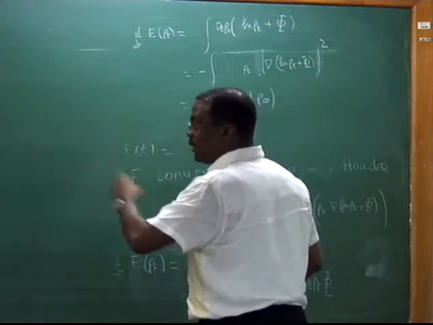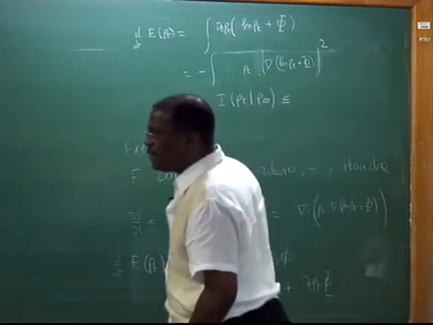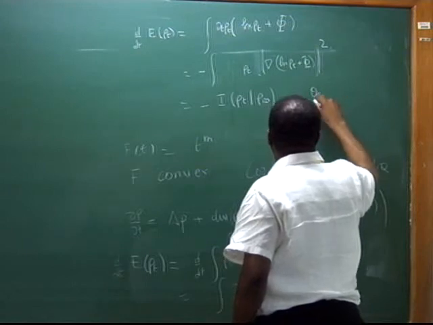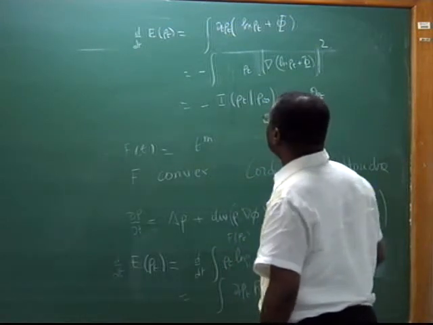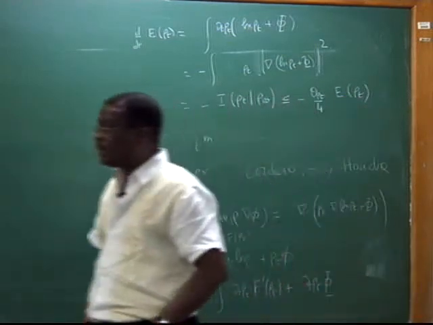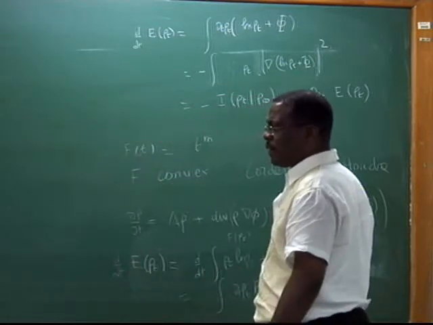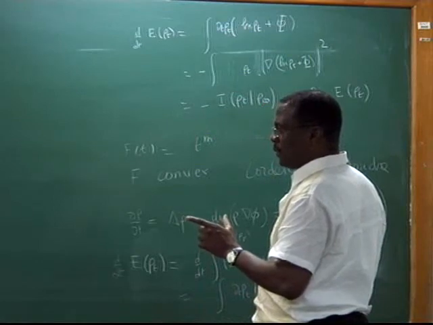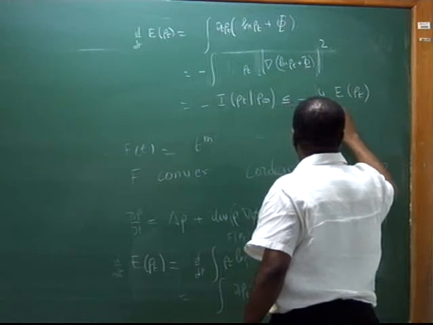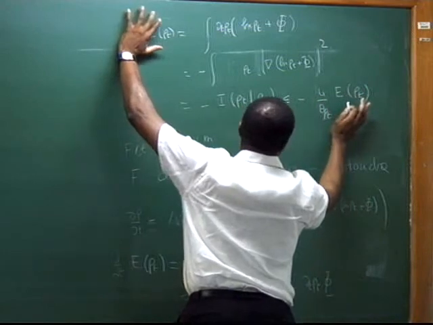But if I use the Talagrand inequality, the log-Sobolev inequality, this tells me that it is smaller than negative theta rho t over 4, E of rho t. Yes, 4 over theta rho t. So now you have these two inequalities.